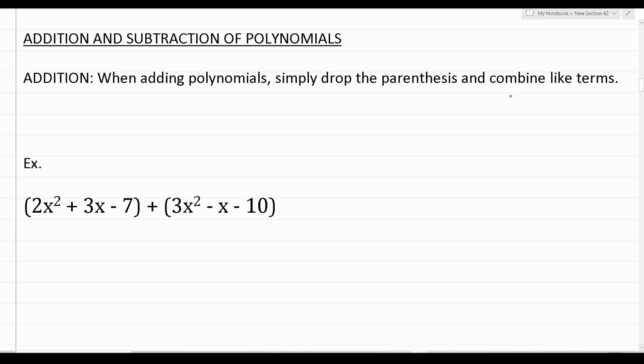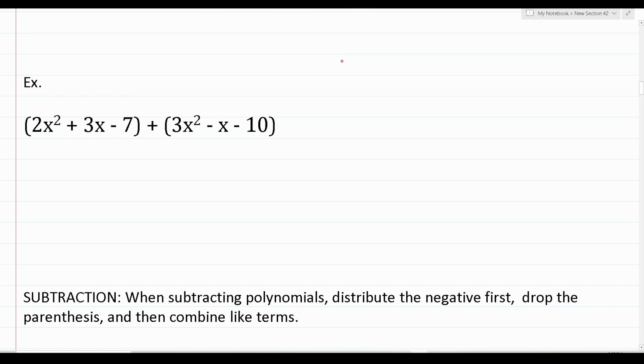Well, that's pretty simple to do, so let's look at an example. So in this example, we have 2x squared plus 3x minus 7, all in parentheses, plus, in parentheses, 3x squared minus x minus 10. Again, to add polynomials, drop the parentheses, and then combine like terms.